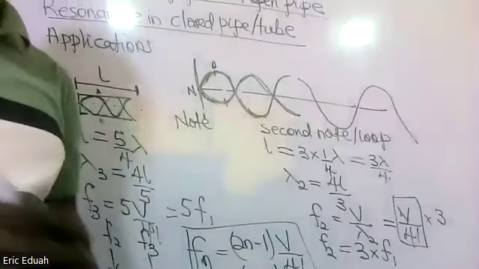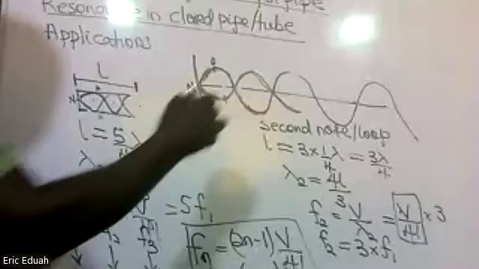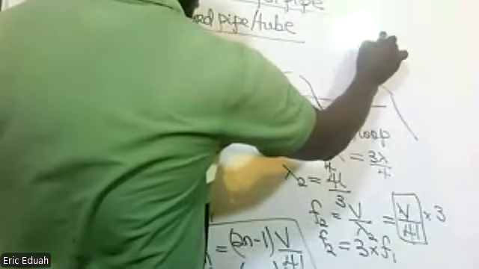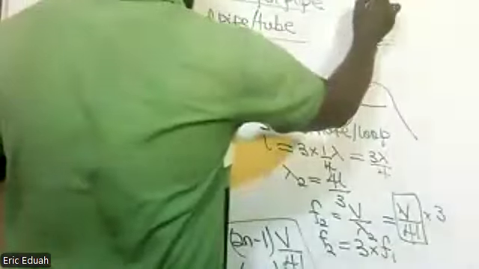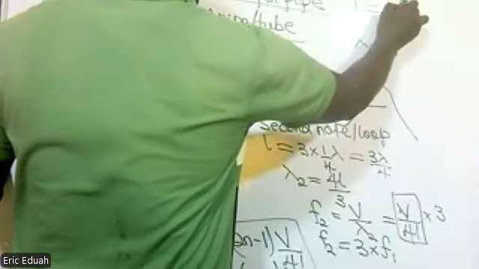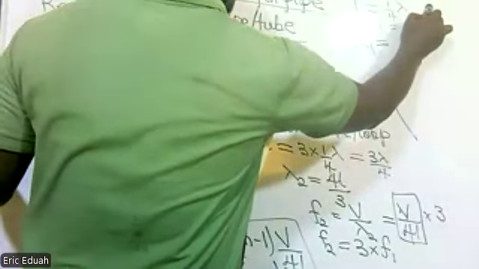Now, the nth wavelength. You see, lambda 1, we saw that since L is equal to quarter lambda, we had lambda 1 being equal to 4L on 1.